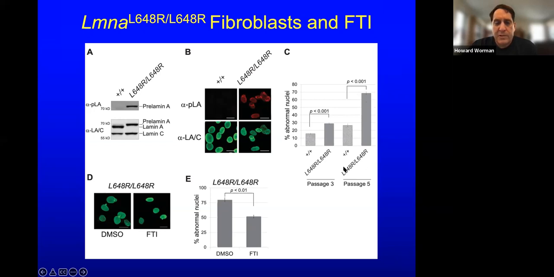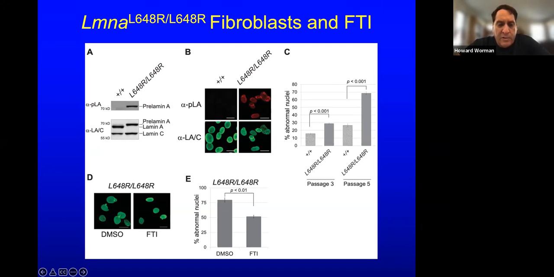Now, again, many people have shown long ago that in cells from the ZMPSTE24 minus mice with restrictive dermopathy, or the HGPS mice, or patients with HGPS, these nuclear shape abnormalities are partially reversed by treatment with a farnesyl transferase inhibitor to block the farnesylation of either Prelamin A or Prelamin A variants.